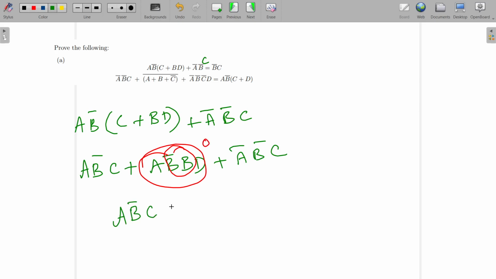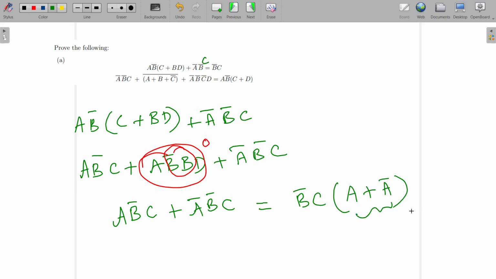We have A B bar C plus A bar B bar C. Here B bar C is common, so we take it outside. Inside the bracket we get A plus A bar, which is equal to 1. So the answer is B bar C, and you get the right hand side. The tutor forgot to give this, I guess.